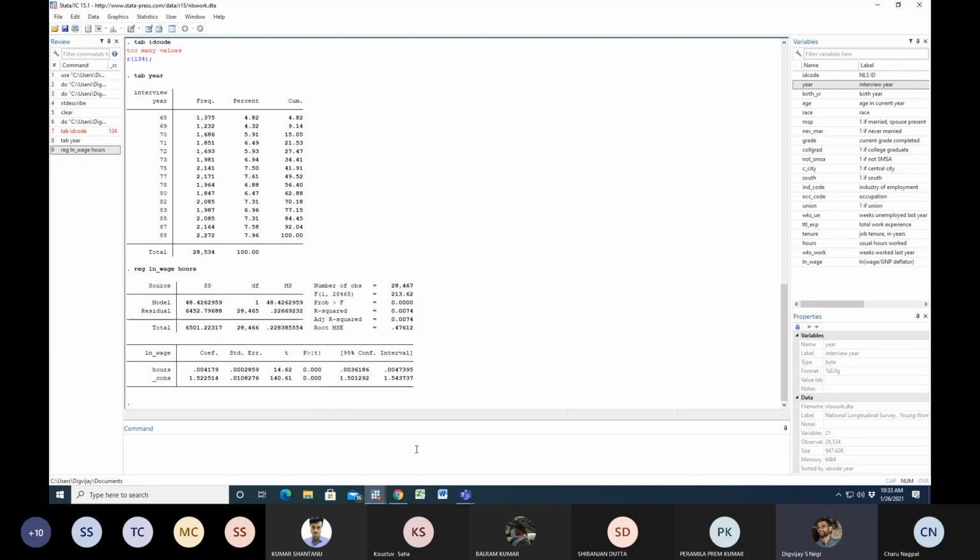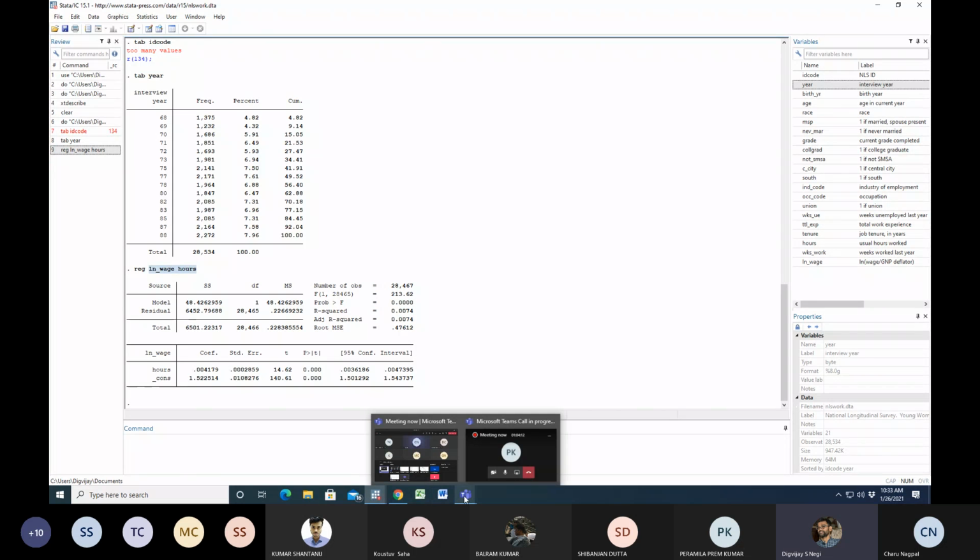But this is panel data, right? So can you think of some omitted variable in this kind of relationship, which may differ across individuals but may not vary over time, and which may confound this relationship? Anything? Experience. Yes, experience.